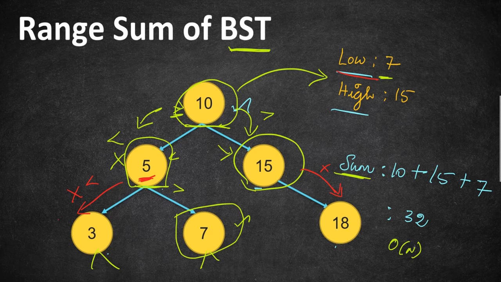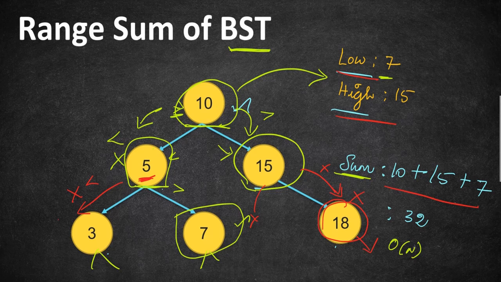So we can give it a try. The next node is 18, which is not in the range, so we are skipping the value. Also, whatever is to the right side of 18 will be skipped. So we don't have any more nodes left to iterate. We have added all the values which fall under the range, and we are going to return the result.